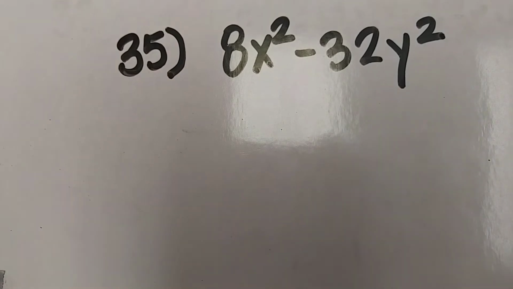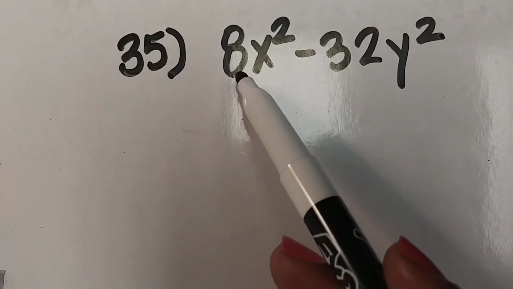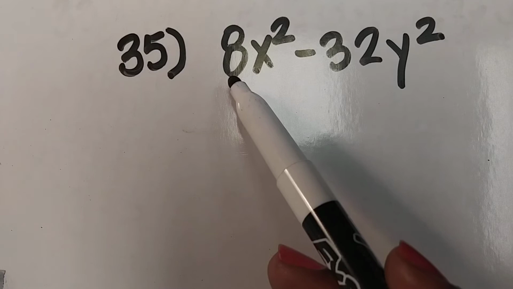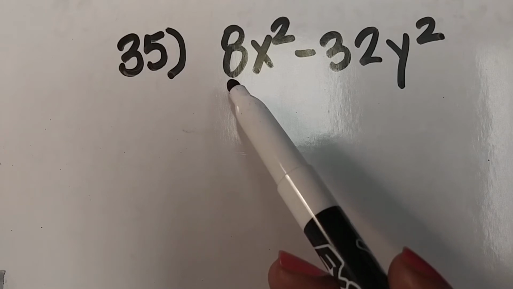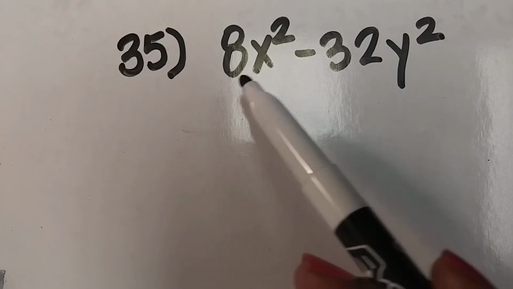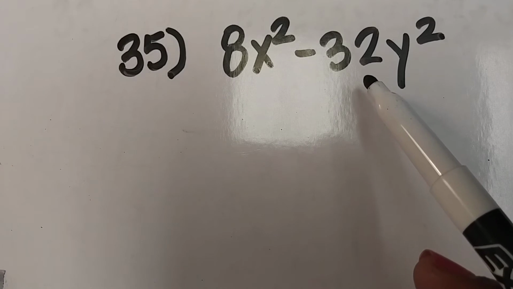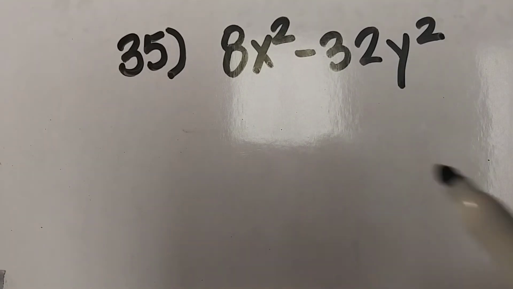When I'm looking at a binomial, I want to think about difference of two squares. If I look at this, can I take the square root of 8? Can I think of two of the same numbers that will multiply and give me 8? No. Well, what about 32? No. I can break down x squared and y squared, but I can't break down those coefficients.